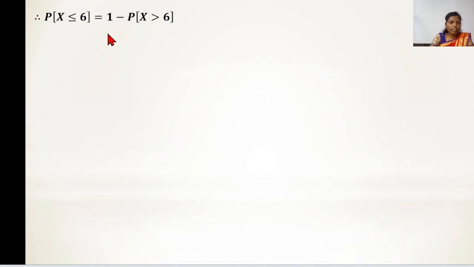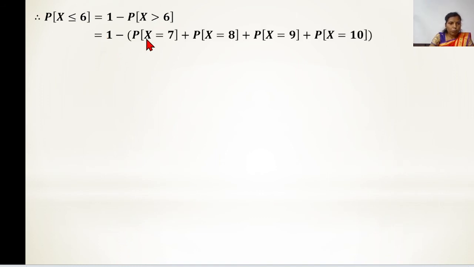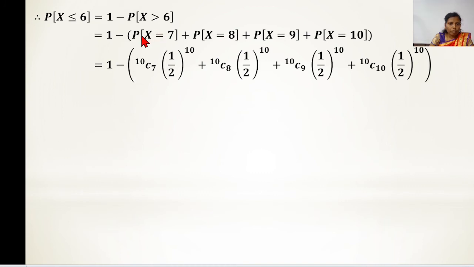Here we have to find 1 minus [P(X = 7) plus P(X = 8) plus P(X = 9) plus P(X = 10)]. Putting the values, we get 10C7 (1/2)^10 plus 10C8 (1/2)^10 plus 10C9 (1/2)^10 plus 10C10 (1/2)^10.